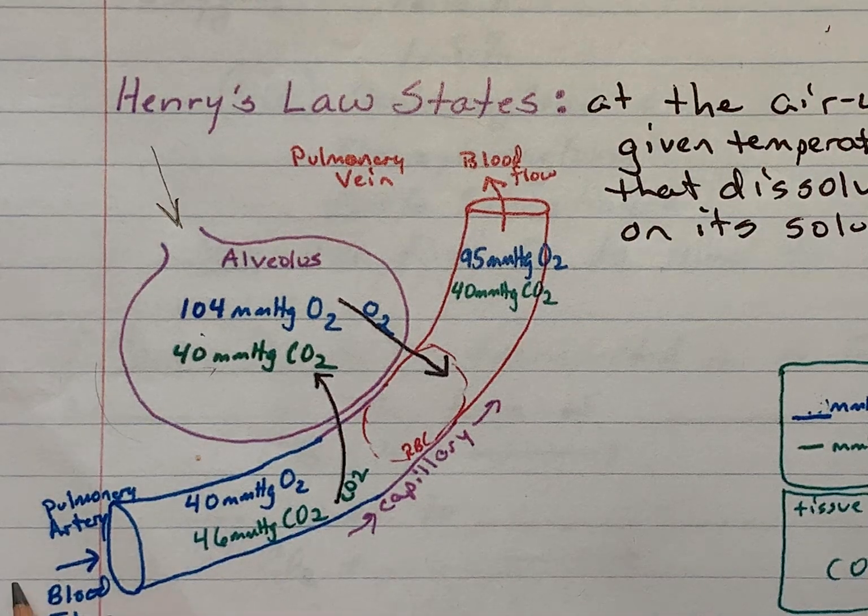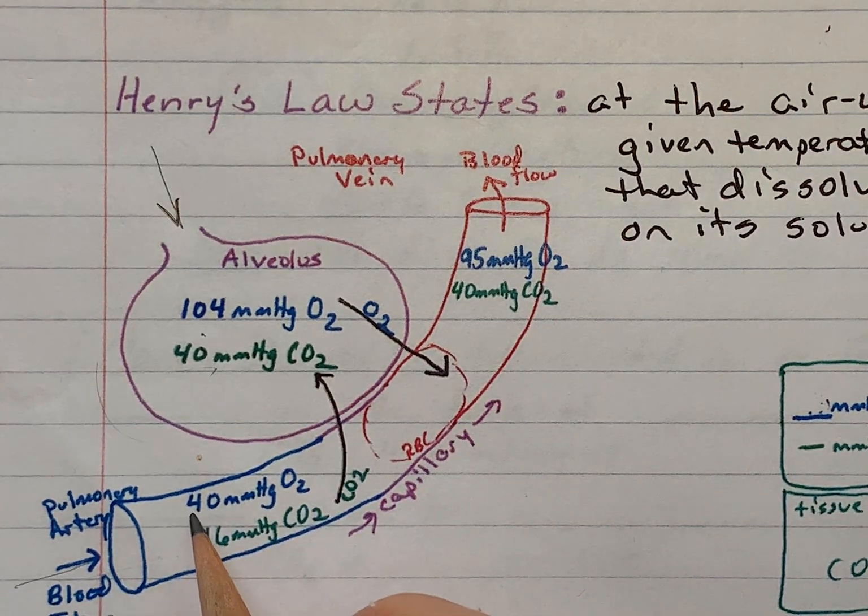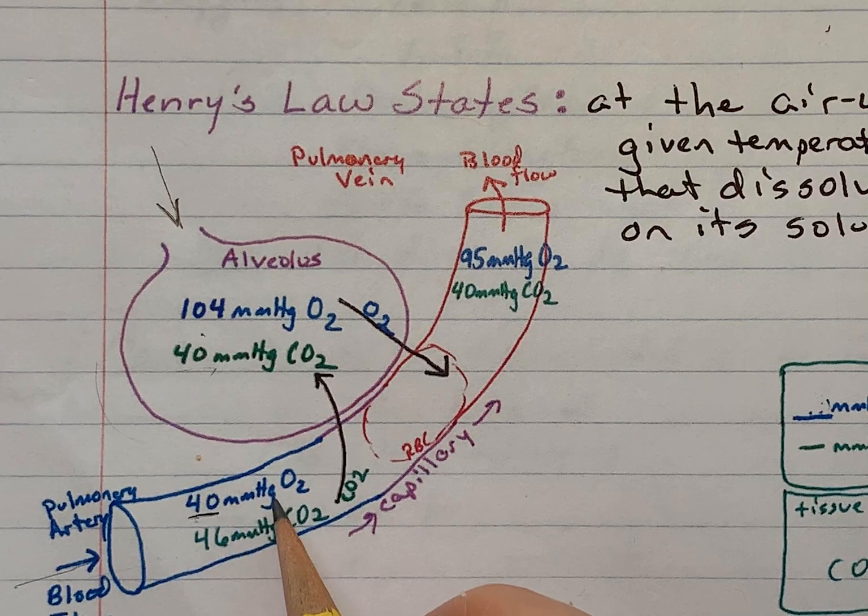And coming into the capillary, we have blood that is low in oxygen. So the pulmonary artery is bringing the blood eventually to this capillary, and it is very low in oxygen. All right, so we can look. The oxygen is 40 millimeters of mercury, and the carbon dioxide is 46.